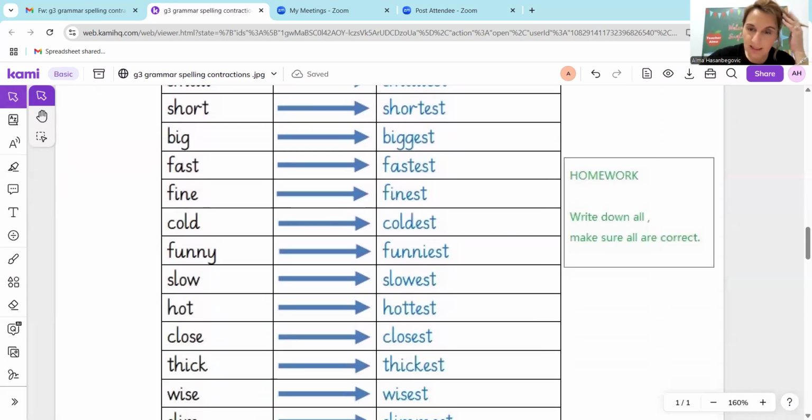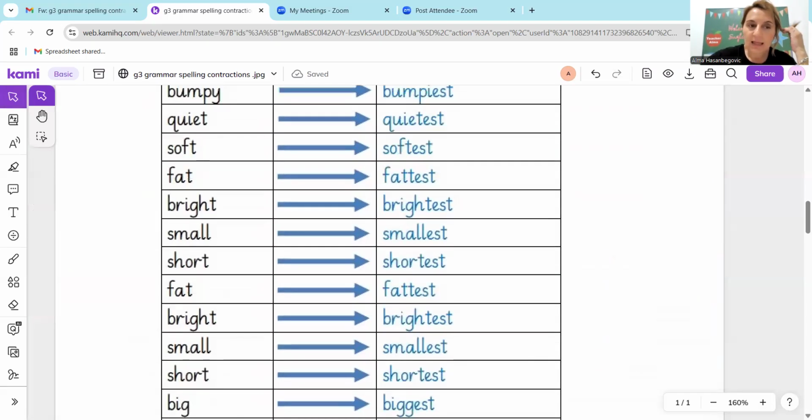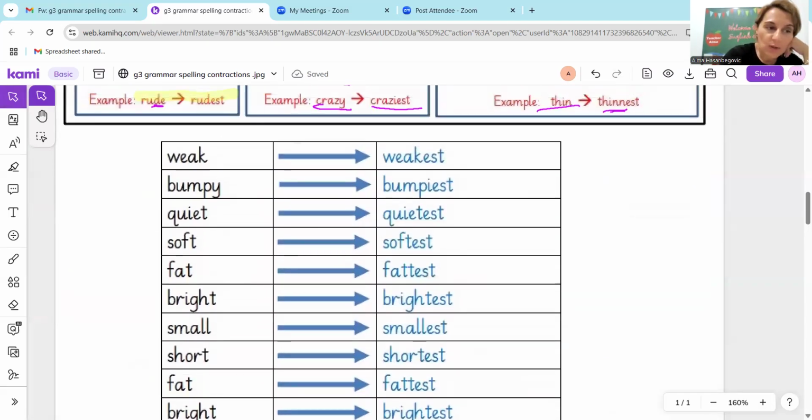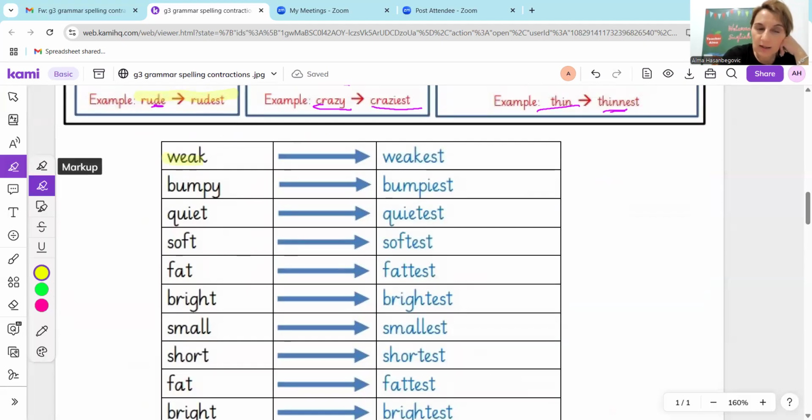So here we go to the next part. Weak becomes weakest. Notice how we have added est, right? Because the word does not end with an e. Bumpy becomes bumpiest. I hope you're noticing how that y needs to be changed to an i, and then we add est.